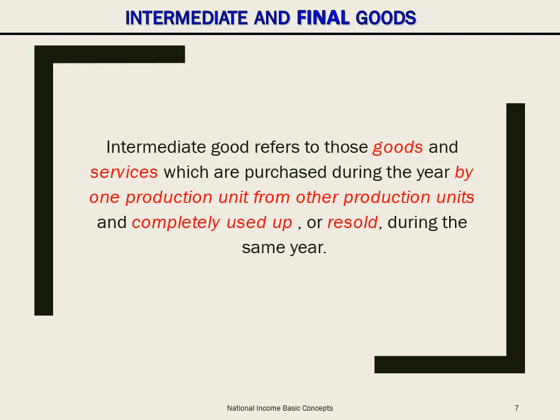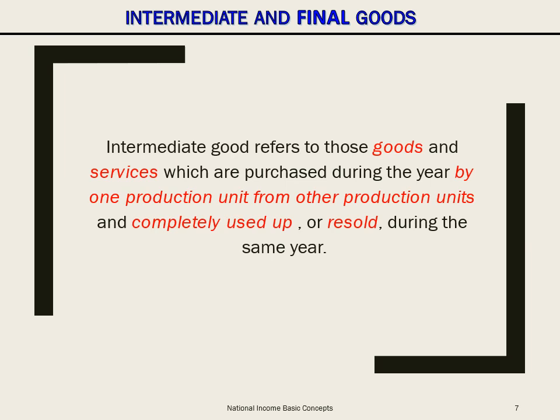Another example is about a carpenter. A carpenter purchases wood to manufacture tables. In order to manufacture table, it completely uses up the wood. The wood loses its original form and gets converted into table. So here the wood is a part of intermediate goods.